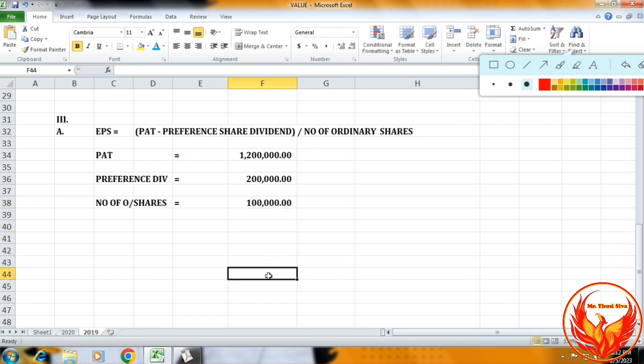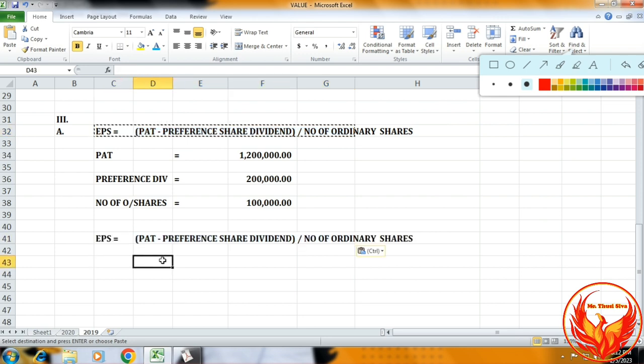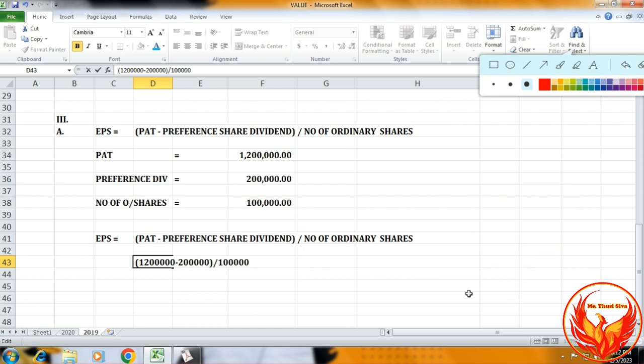So now we can calculate the EPS: profit after taxation 1.2 million minus preference share dividend 200,000, divided by the number of ordinary shares 100,000. The answer for the earnings per share is rupees 10.